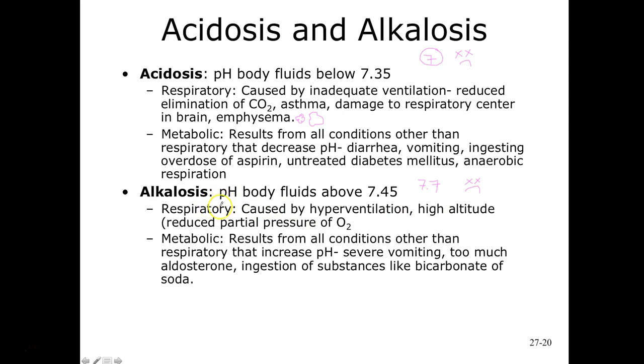Respiratory alkalosis is going to be caused by too much hyperventilation where we can't control it anymore, or going to high altitude areas where we have reduced partial pressure of oxygen. Metabolic alkalosis will result from all conditions other than respiratory that are going to increase pH. So vomiting, too much aldosterone, ingestion of substances like bicarbonate of soda.